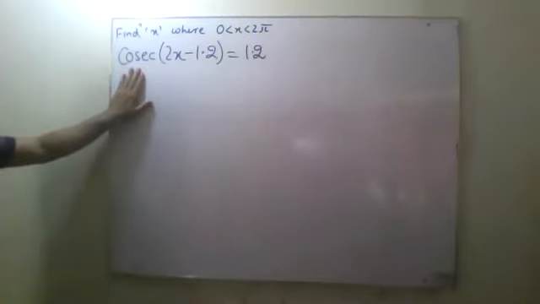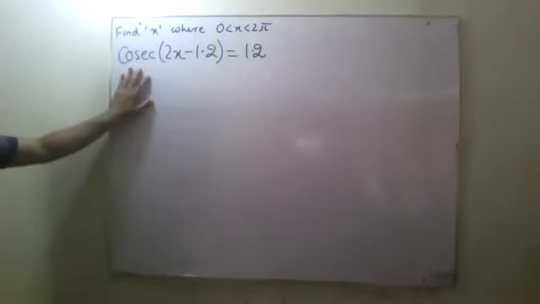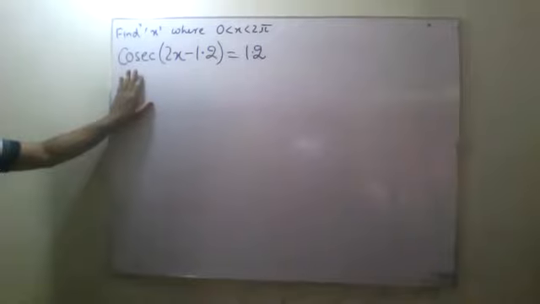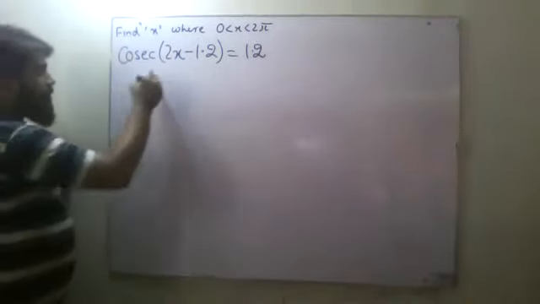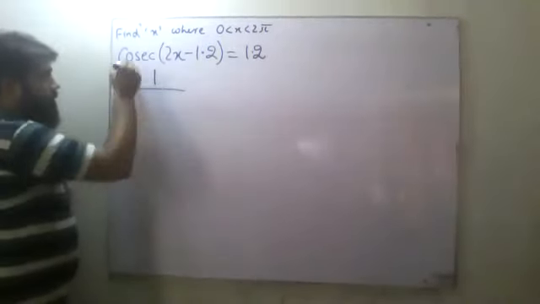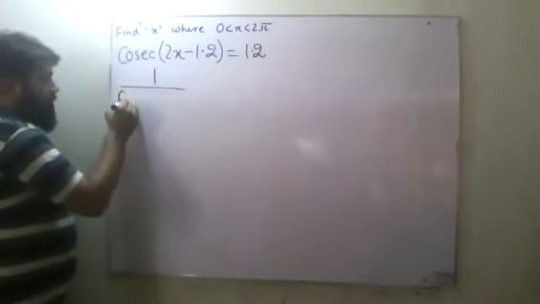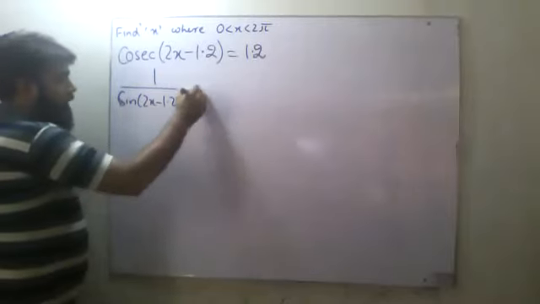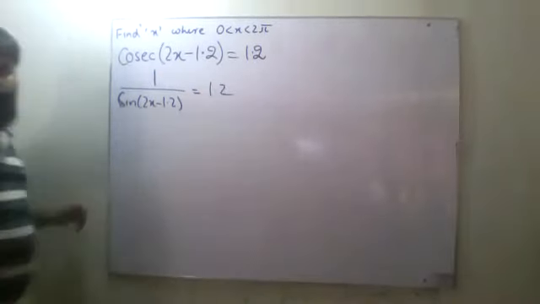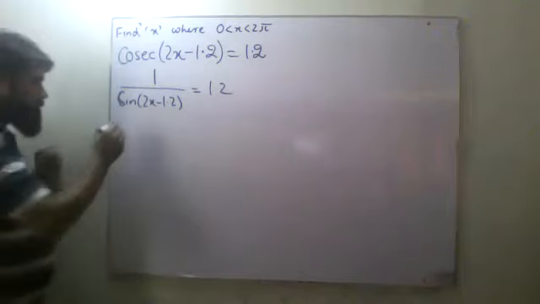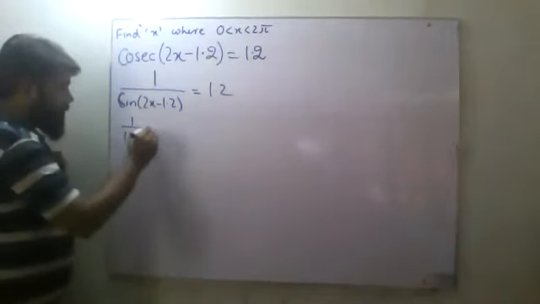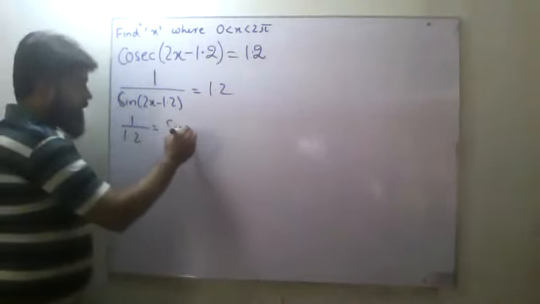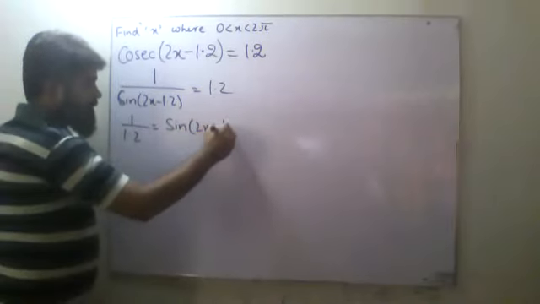We can't use the calculator directly for cosec, sec or cot, so I will write it in reciprocal form: 1 over sine(2x minus 1.2) equals 1.2. So 1 over 1.2 equals sine(2x minus 1.2).